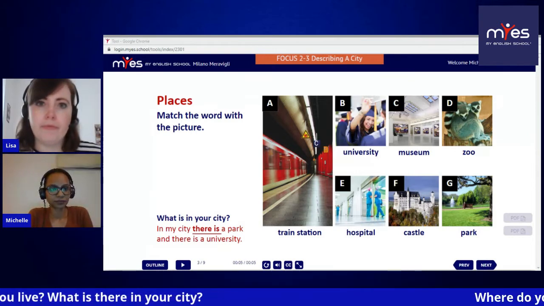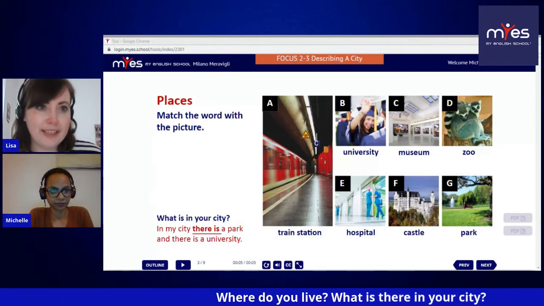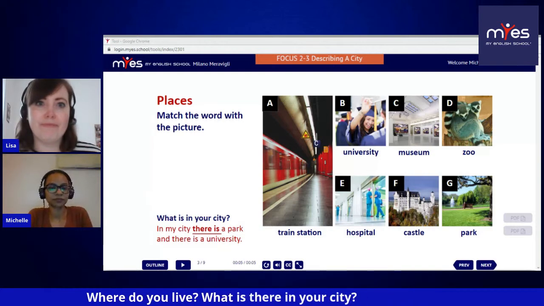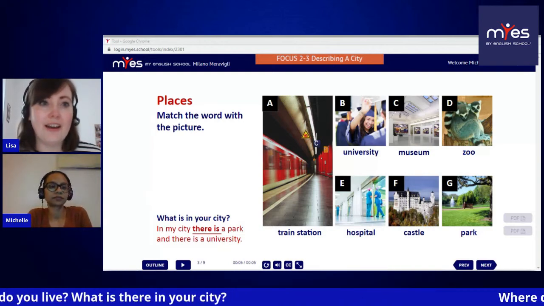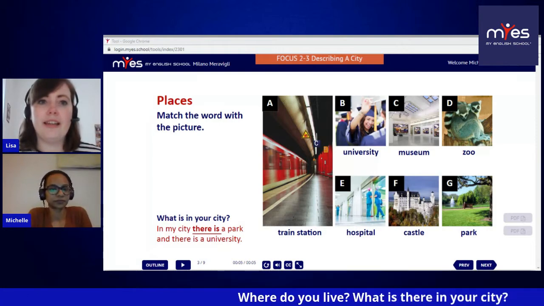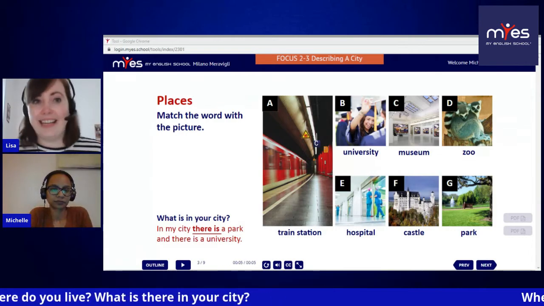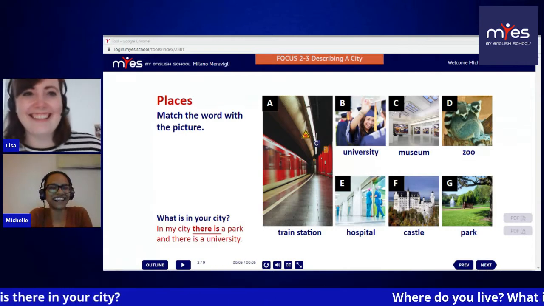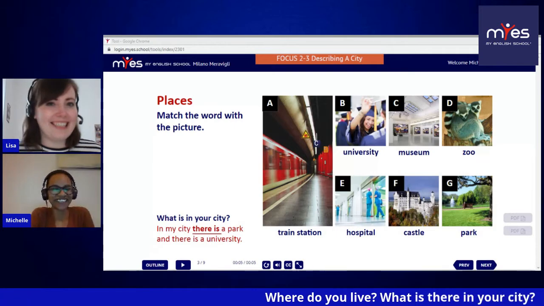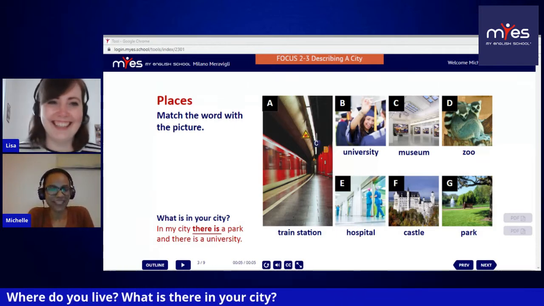There isn't a university. There is a hospital, and there is a police station. I know it's not on our list, but there is a police station because there isn't a train station.